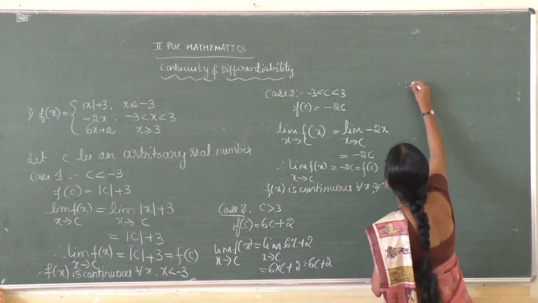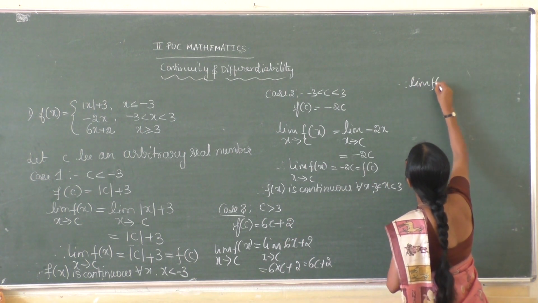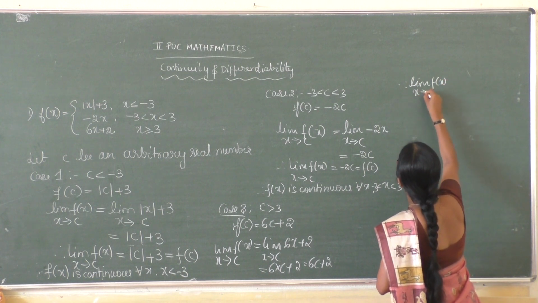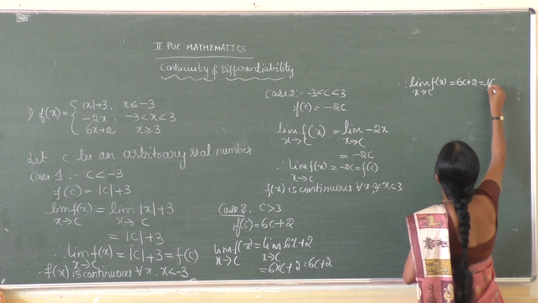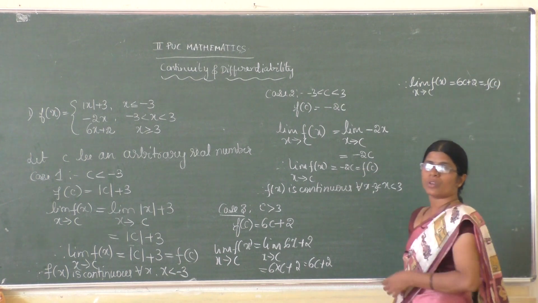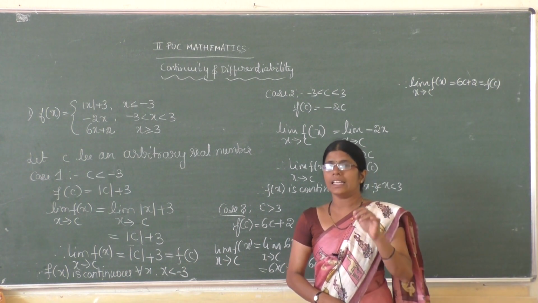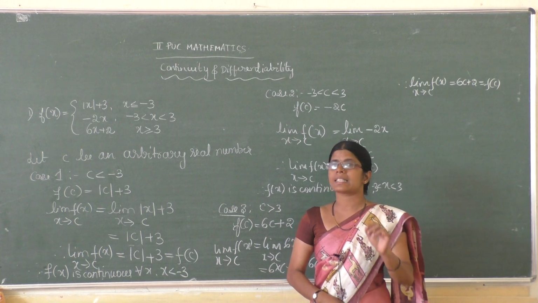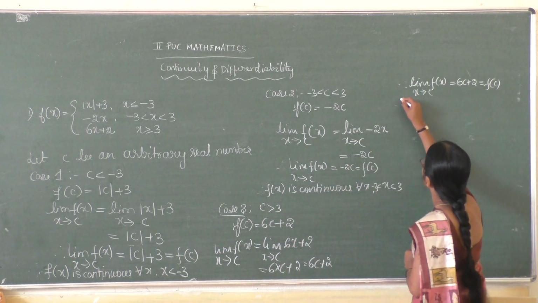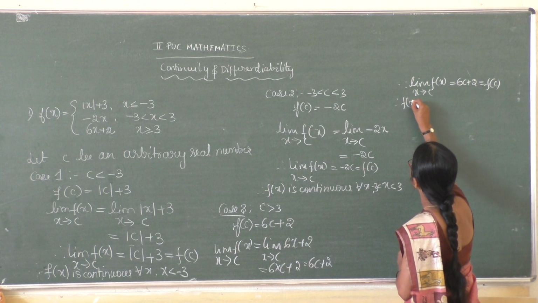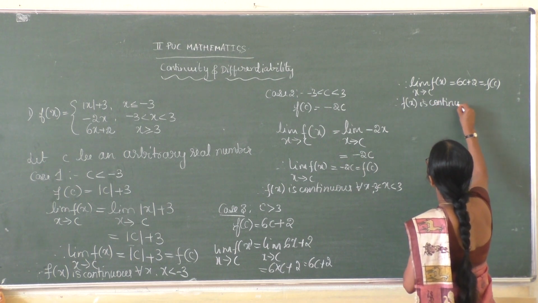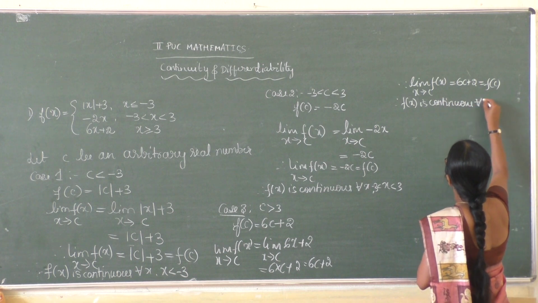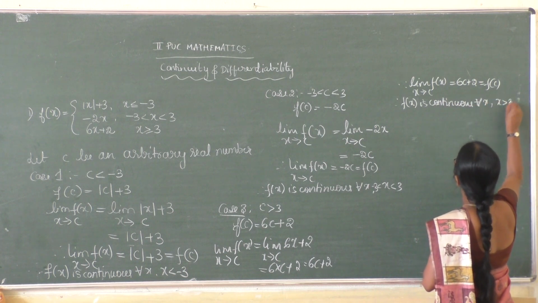Therefore, limit of f of x as x tends to c equals 6c plus 2 equals f of c. So f of x is continuous for all x greater than 3.